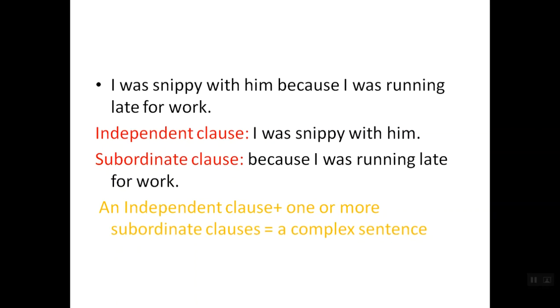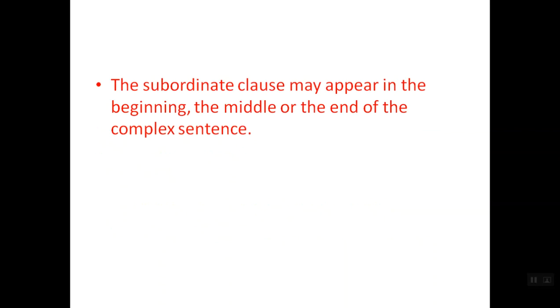And this is the third type of sentences today. The complex sentence is the sentence that has 1 independent clause and 1 or more dependent or subordinate clauses.